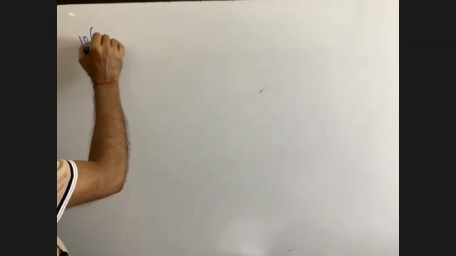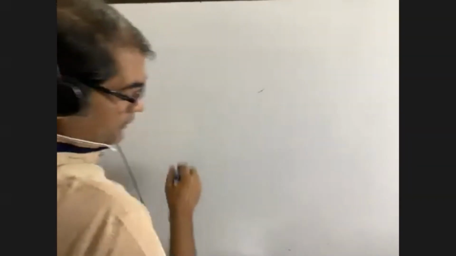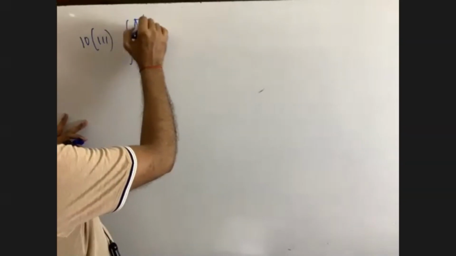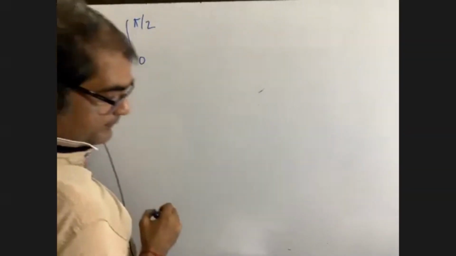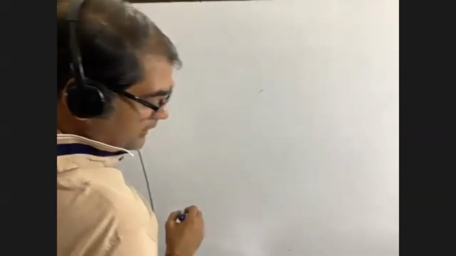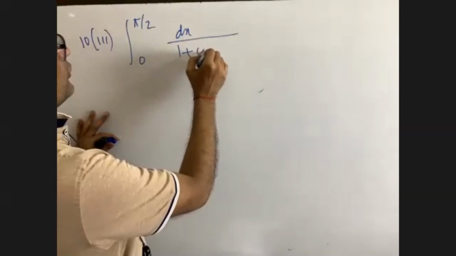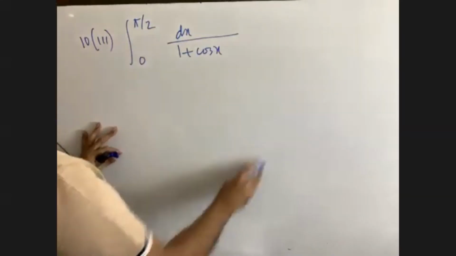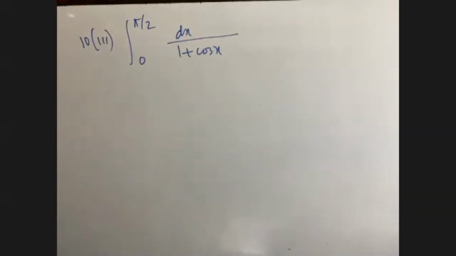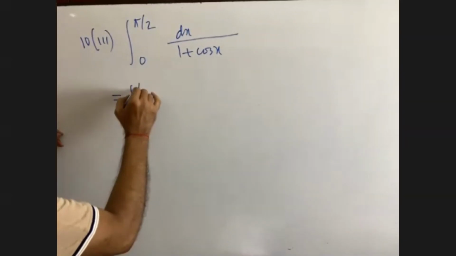Now going to do question number 10.3. That is integral from 0 to pi by 2, dx by 1 plus cos x. What will you do? Talk to me. You multiply by 1 minus cos x?